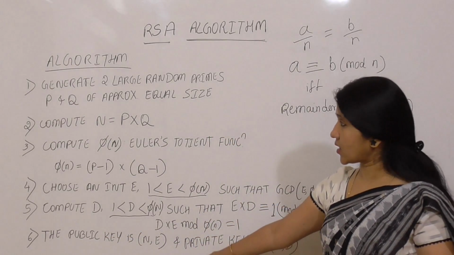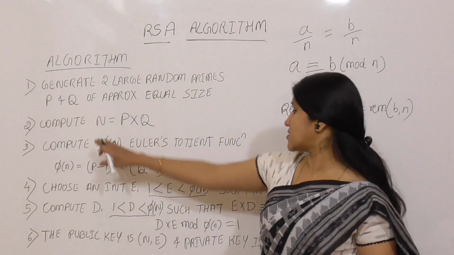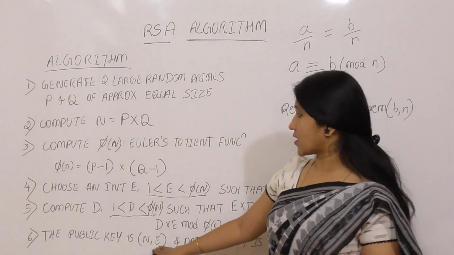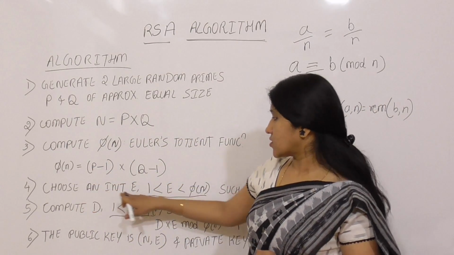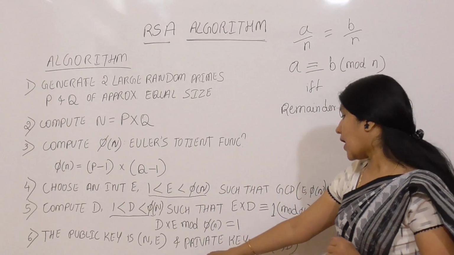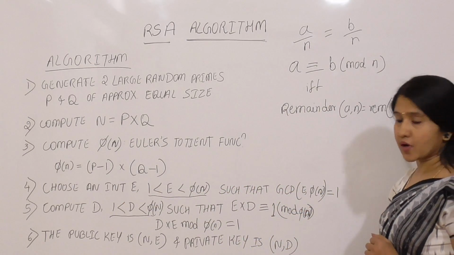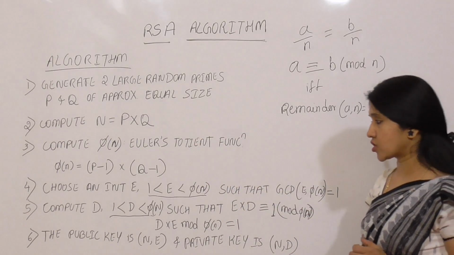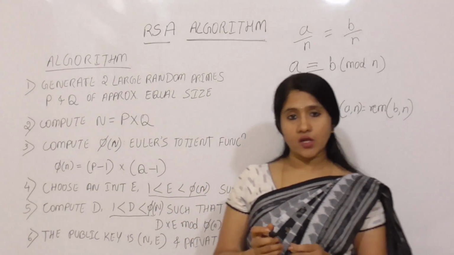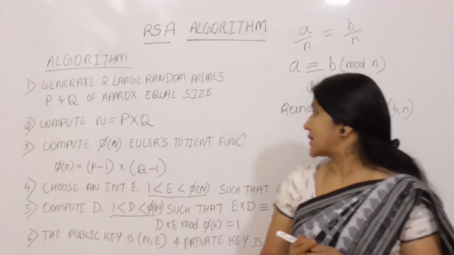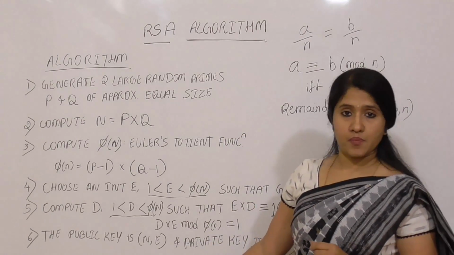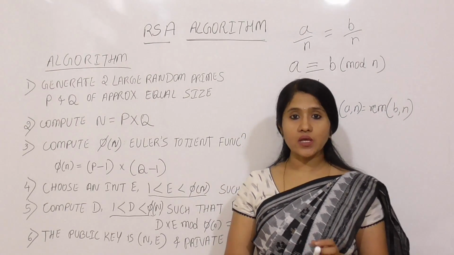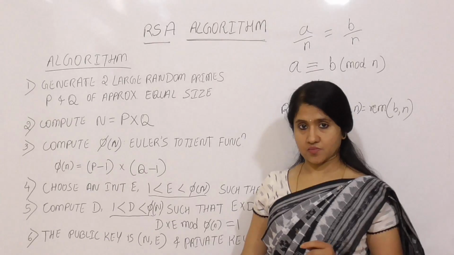It is n comma E. This n is this, and then E, the encryption key component. And the private key is n comma D, that number and then the decryption component, whatever D you have calculated. So clear?